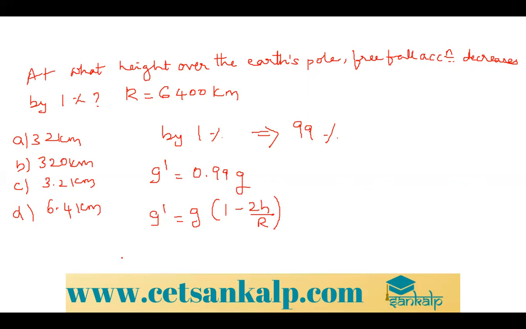We have seen this formula, right? Okay, so what is g dash? It is 0.99 g is equal to g into (1 minus 2h divided by R), where R is 6400.